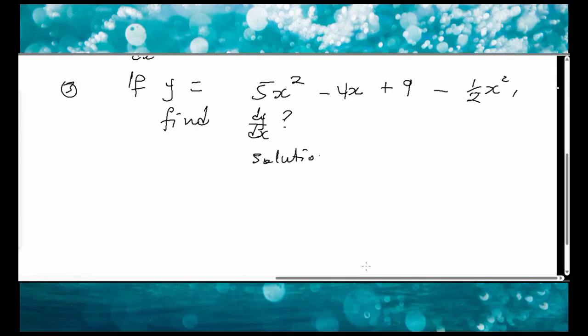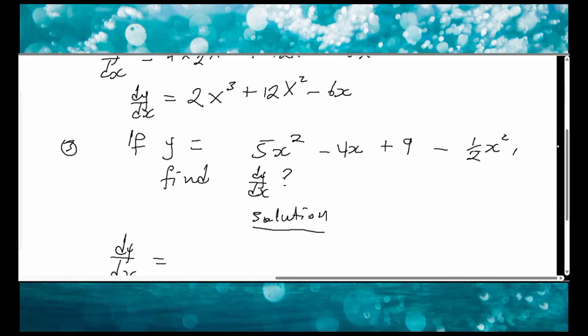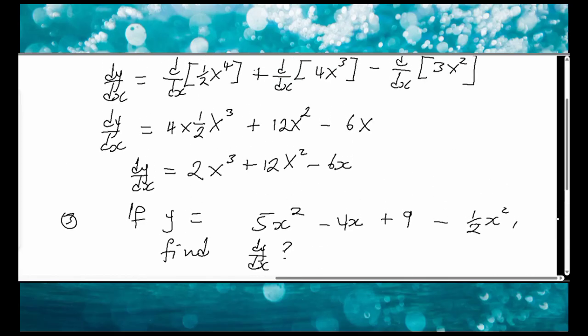And we said the dy dx is the derivative, the first derivative of the function. So we're going to have dy dx. And this time around, I don't want us to write the d dx of the terms as we've done in the previous ones.